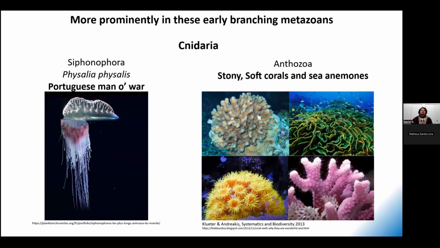So coloniality is more prominent here, and we see examples of the Portuguese man of war, the Physalia, the siphonophores. It's a specialized colony, but we also see it in stony corals, soft corals, and sea anemones, in the jellyfish clades in the cnidarians.